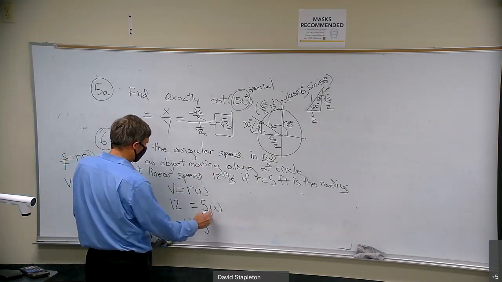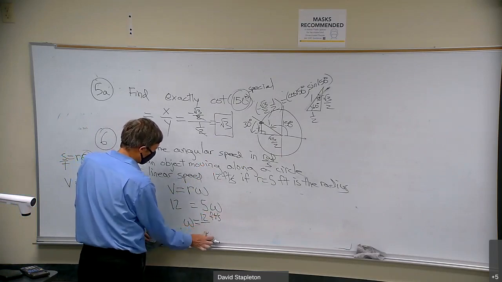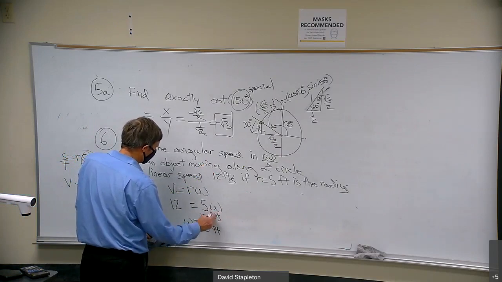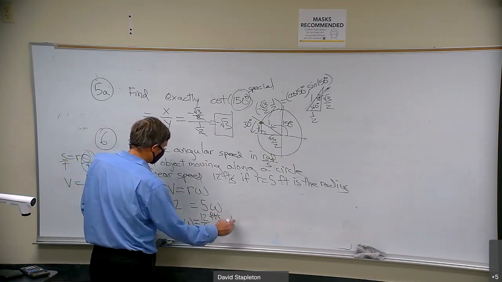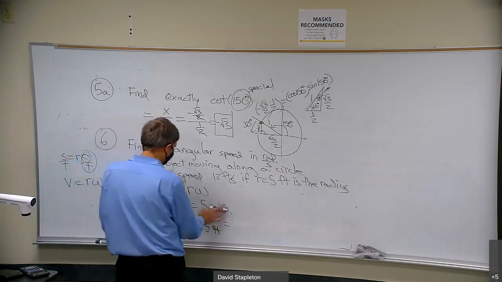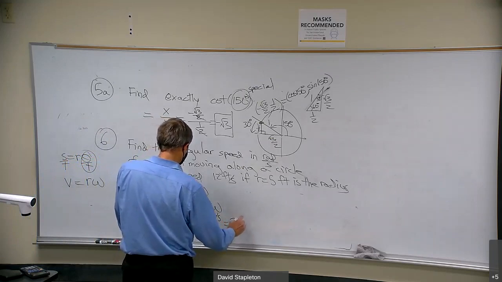Well, 12 was feet per second, and 5 was feet, so the feet cancel, and you get 12 fifths per second. Let's just leave it as 12 fifths. It's 2.4.